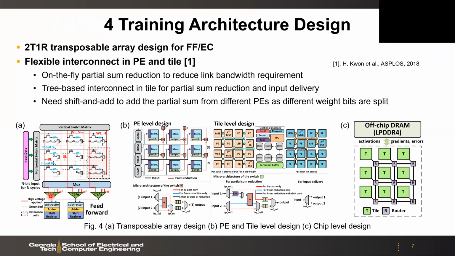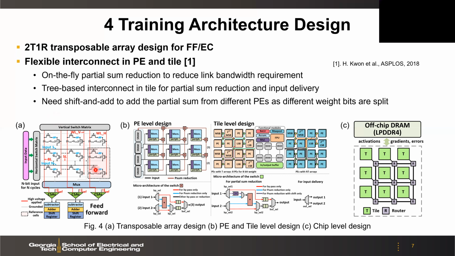During the feed-forward stage, the input feature maps are applied to the word line along the horizontal direction. The partial sum current along the vertical bit line is sensed by the ADC. During the error calculation stage, the errors from the deeper layer are input as a word line along the vertical direction. For a transposed read, the source line is connected to the ADC.